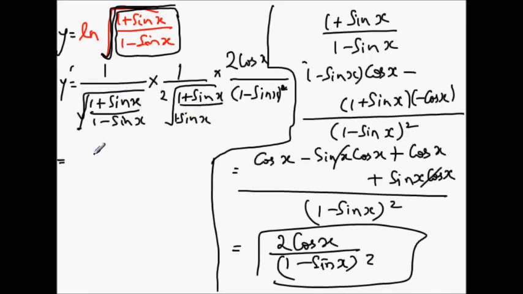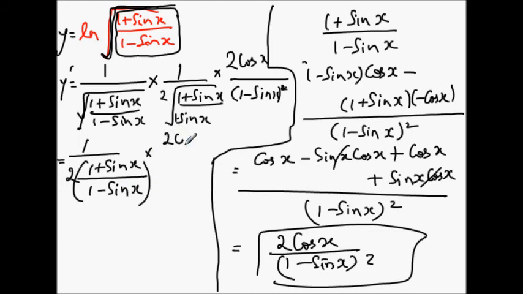So if you simplify these two, the roots would go, they have the same functions inside the root, therefore the roots would go. It is 1 plus sin x over 1 minus sin x times 2 cos x over (1 minus sin x) the whole square.